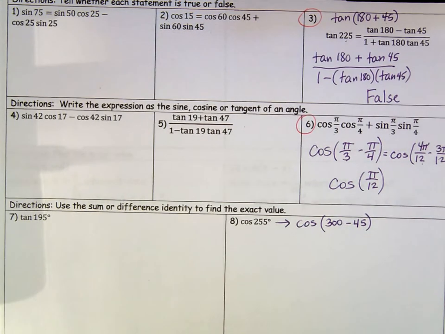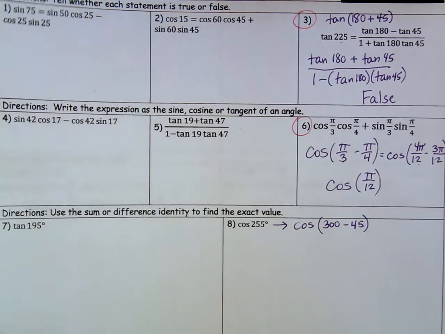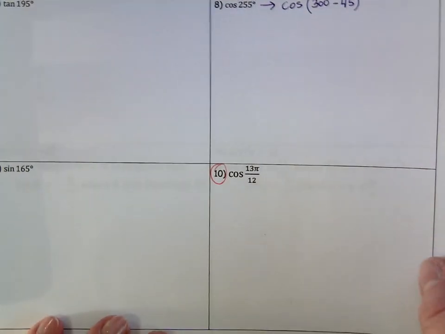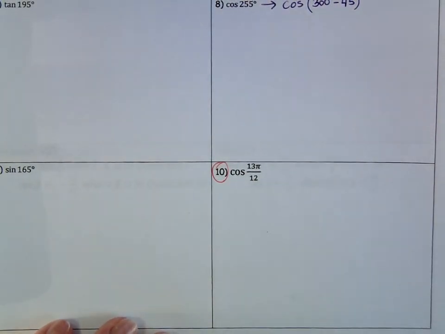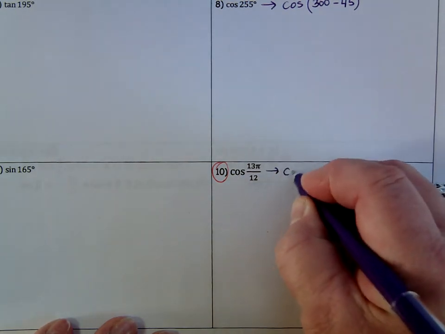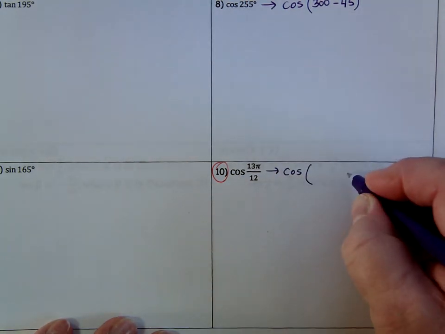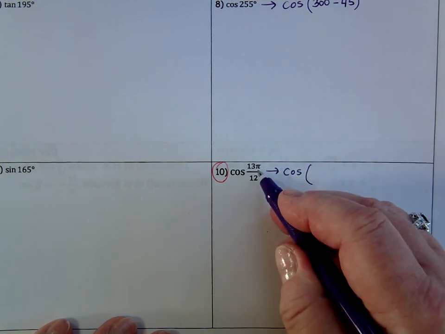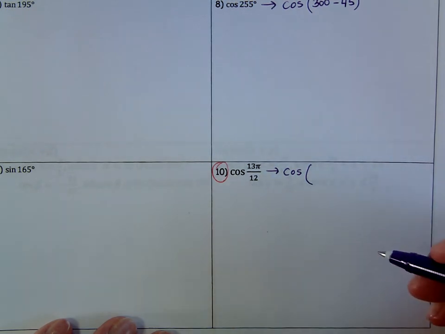Again, we did problems like that on the intro video, and I know you saw some in the flip math video. But I want to go to number 10 because we did not look at anything like it on the intro. Same idea: I have the cosine, and I want two angles that, when I add or subtract them, give me 13 pi over 12, and they have to be values on my chart.